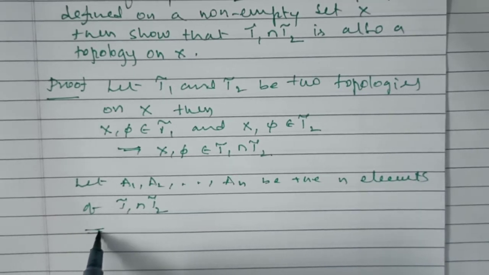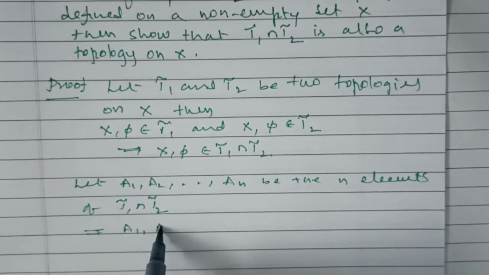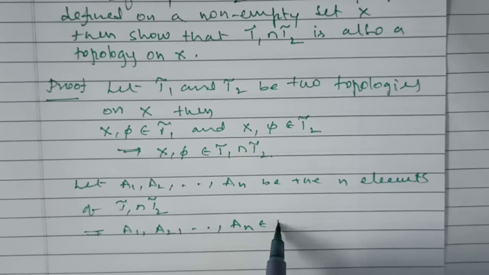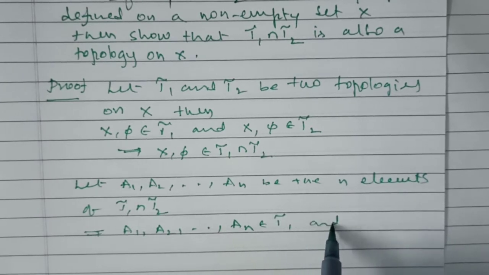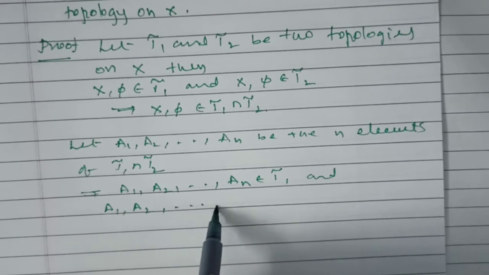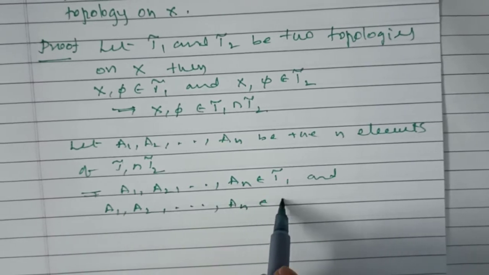This implies a1, a2, and so on, an belong to τ1 and a1, a2, and so on, an belong to τ2.